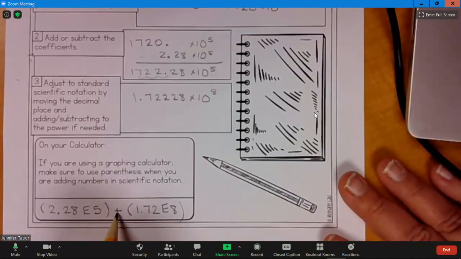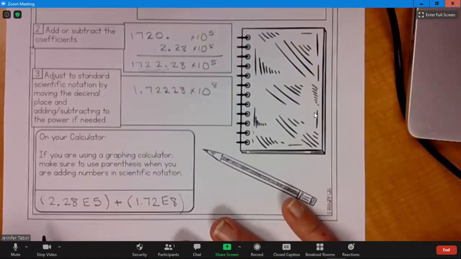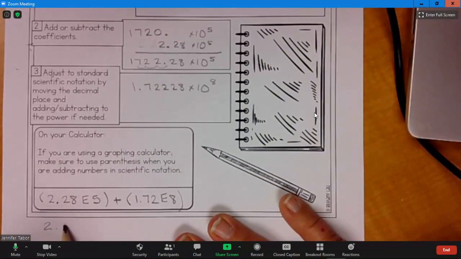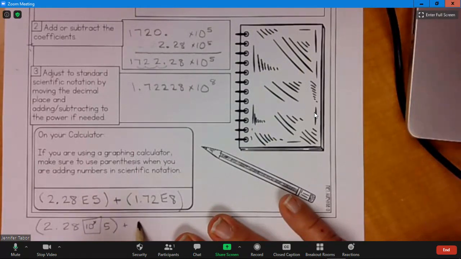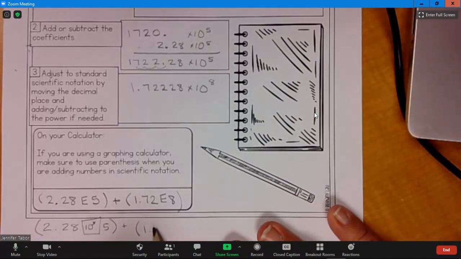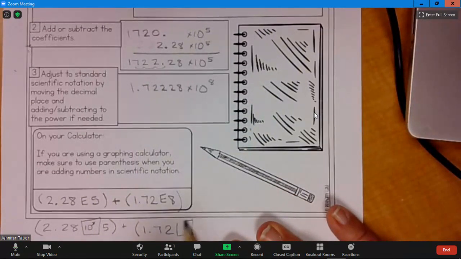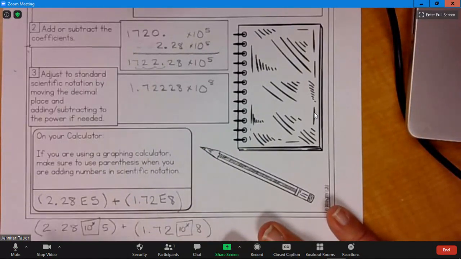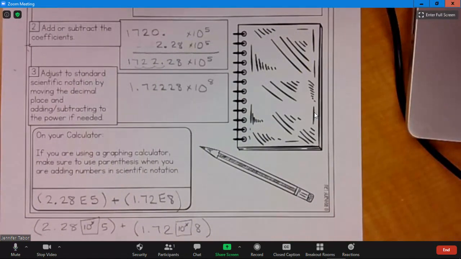Make sure you got those parentheses. Or if your calculator is like this one, 2.28, then the button that says 10x and then a 5, plus 1.72, the button that says 10x and then the 8. Make sure you have those parentheses.